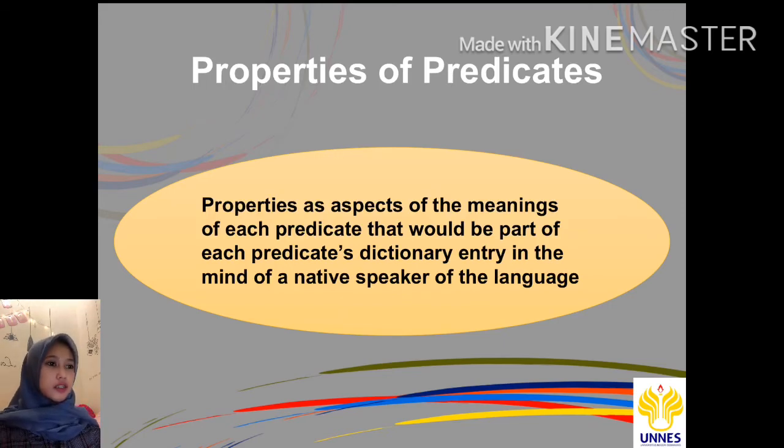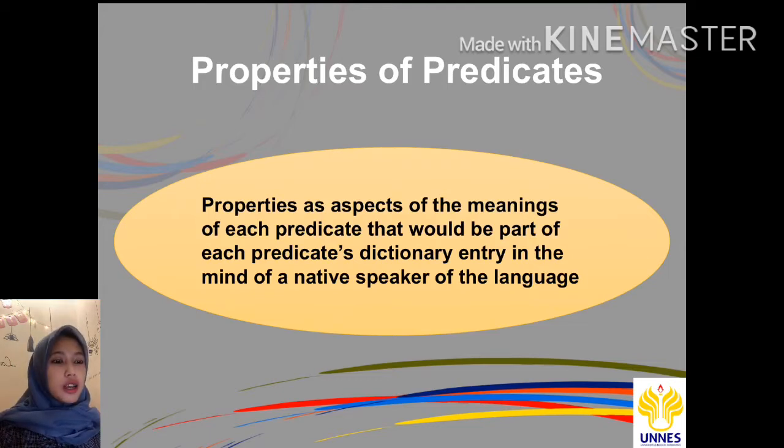So, talking about properties and predicates. Properties are aspects of the meaning of each predicate that will be part of each predicate's dictionary entry and in the mind of a native speaker of the language. So, what are the properties of predicates? In traditional grammar, a predicate is one of the two main parts of a sentence, the other is the subject.